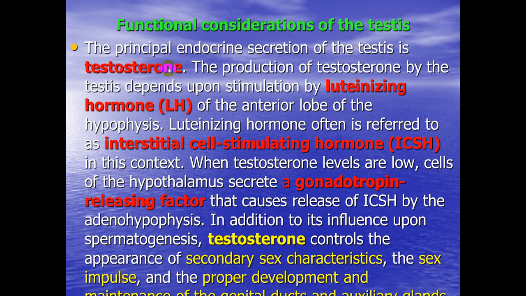These cells produce the so-called luteinizing hormone, LH. This luteinizing hormone in the male organism we call interstitial cell stimulating hormone, ICSH. This interstitial cell stimulating hormone stimulates the activity of the Leydig cells in the interstitium, these cells which I showed you one moment ago.